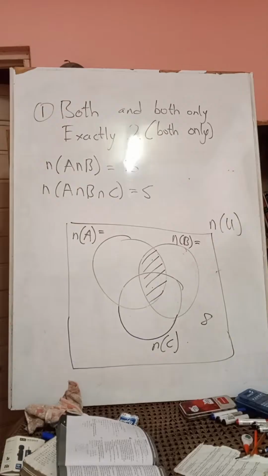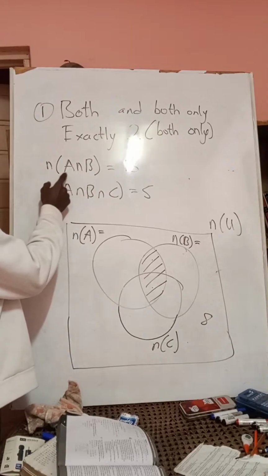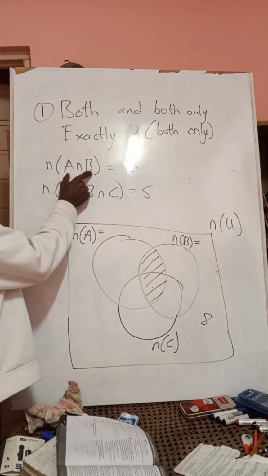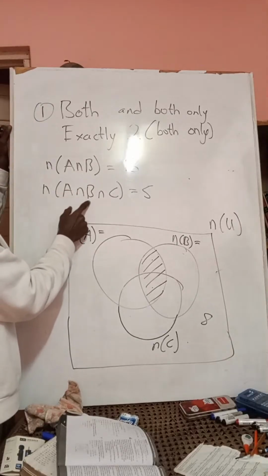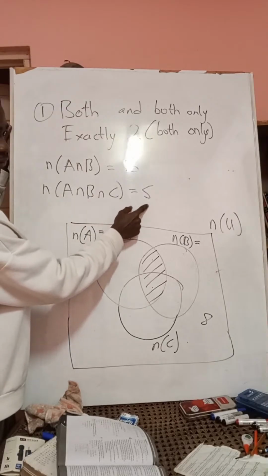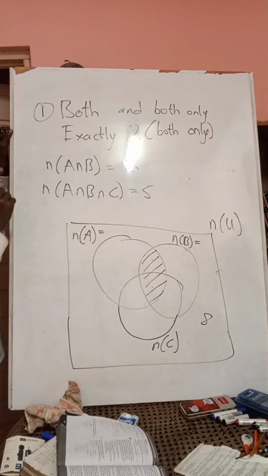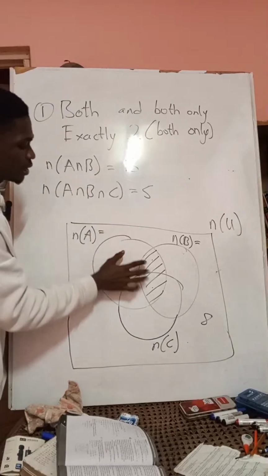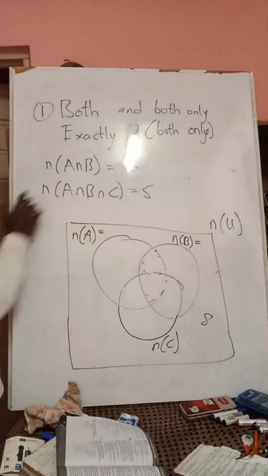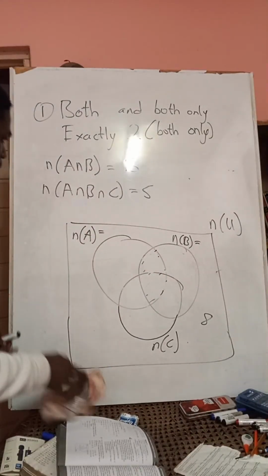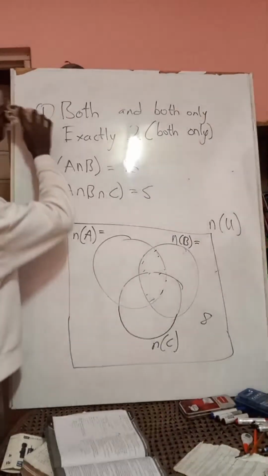Okay, so I was saying that now when they give you A intersection B equals 15, and then the number of A intersection B intersection C is 5. Always students confuse themselves with writing the 15 here. Let me renumber the regions up here, so that you can refer to them.